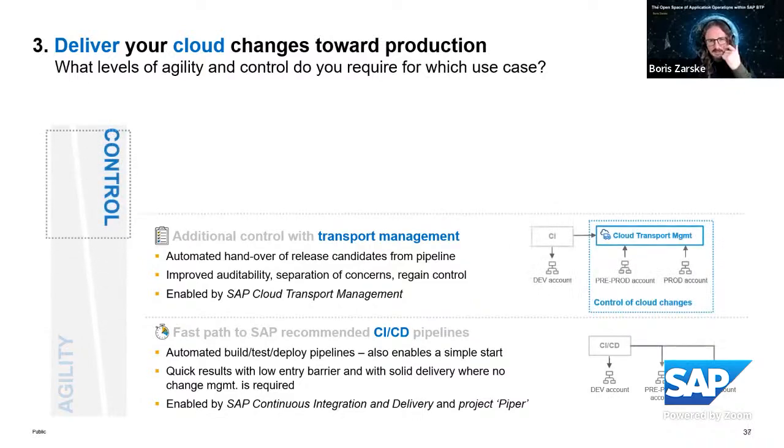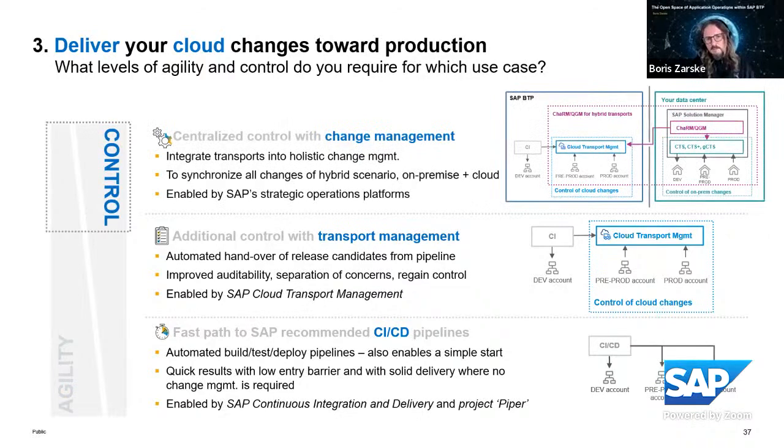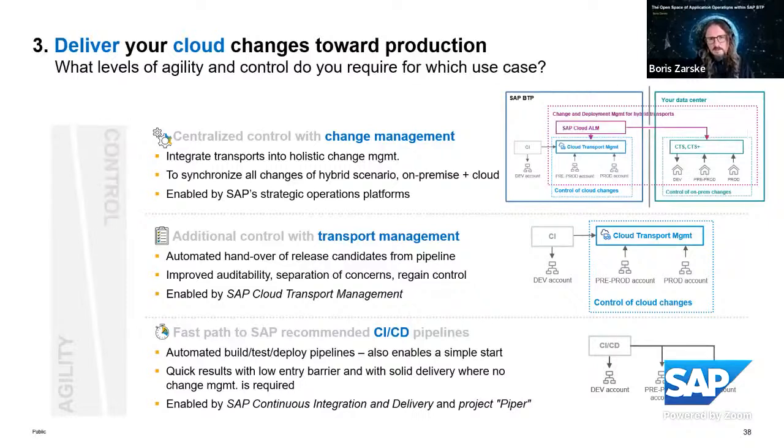And if you have the need for change management, you let Cloud Transport Management get orchestrated from Solution Manager. Here we have Change Request Management, ChaRM, or Quality Gate Management that can then also orchestrate on-premise changes in parallel. Or as mentioned, you let it orchestrate from SAP Cloud ALM.